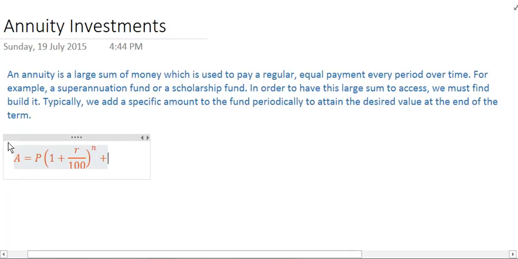We're also going to have plus Q times a lovely little fraction. On the top of the fraction, we will have (1 plus R over 100) to the N, minus 1, over R over 100.